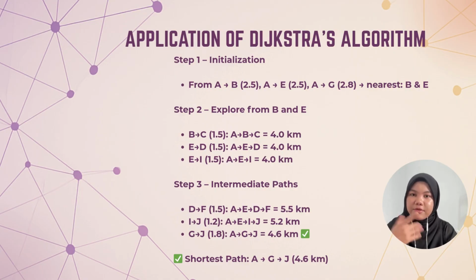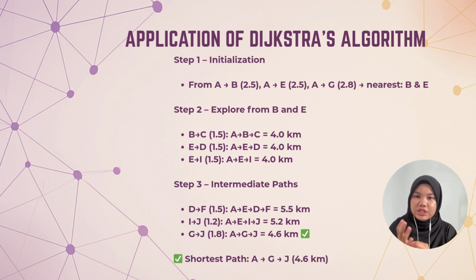And then step 3, intermediate paths. I'll follow the route from D to F, which is A to E to D to F, and the total kilometers is 5.5. If I use the path I to J, which is 1.2 kilometers, so from A to E to I to J, there will be a total of 5.2 kilometers.